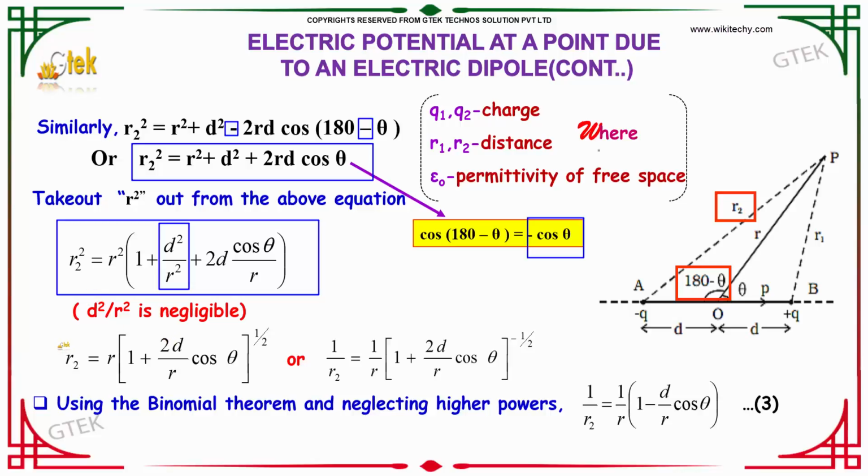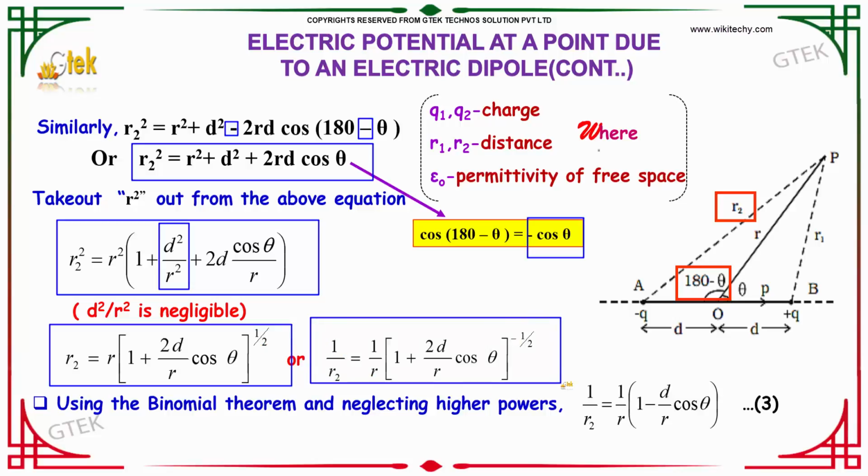So now the equation will become r square term, and if we take the square to the power, it becomes r2 equal to r multiplied by 1 plus 2d divided by r cos theta the whole power 1 by 2, which can also be written as 1 divided by r2 equals 1 by r into 1 plus 2d by r cos theta the whole power minus 1 by 2.